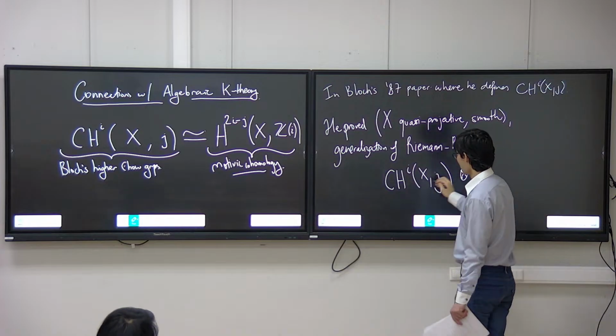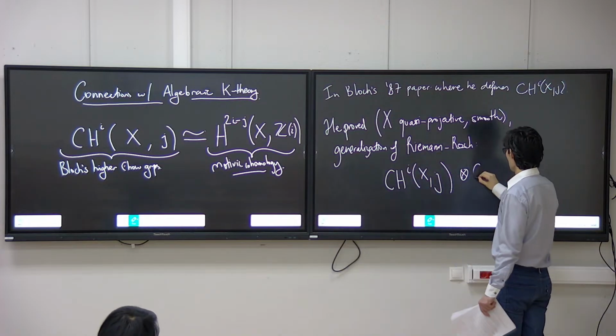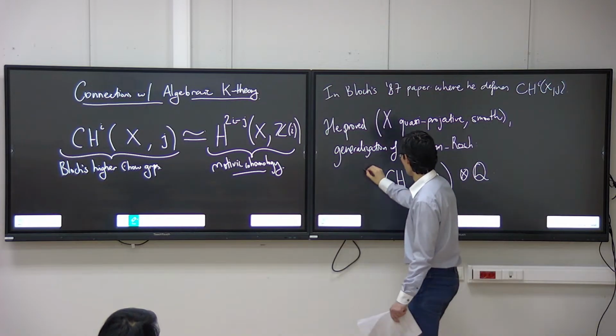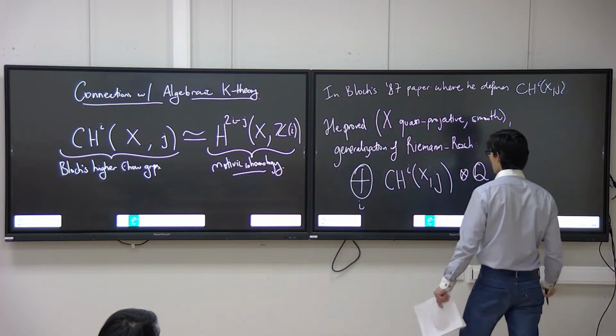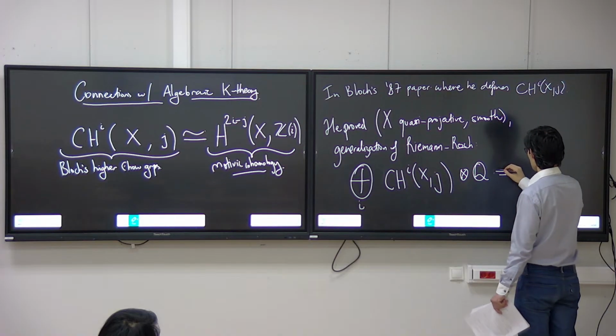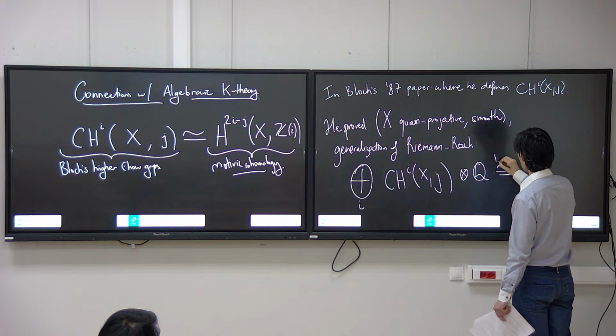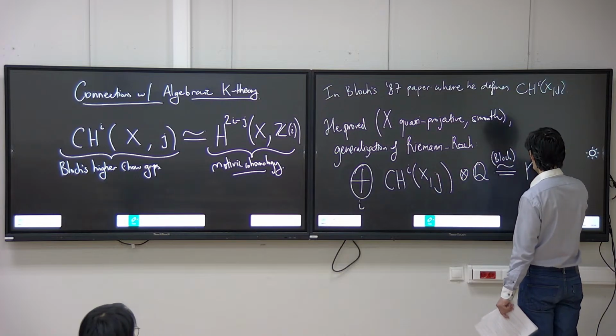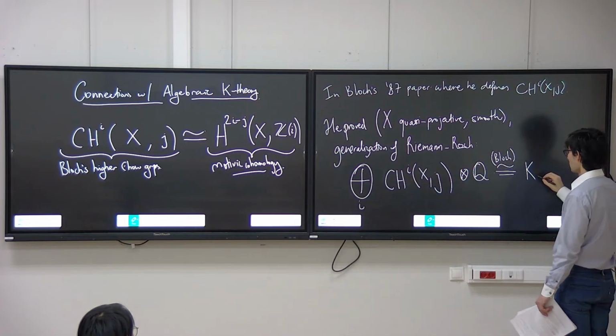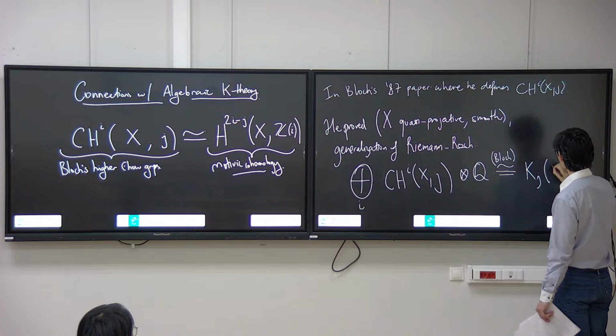So these are like some kind of Z modules, summed over all codimensions, and this was the same. So this is a result of Bloch, as these K groups, K_j(X), maybe rationalized as well.